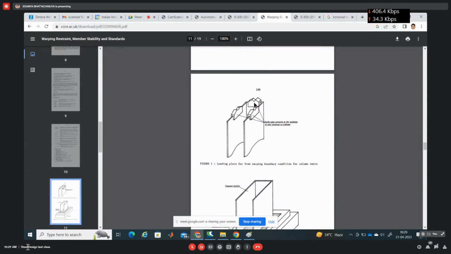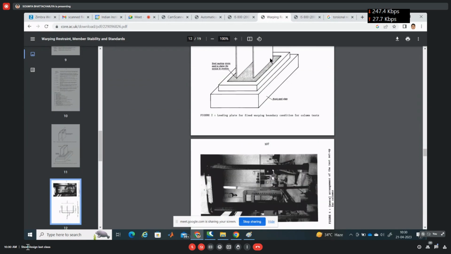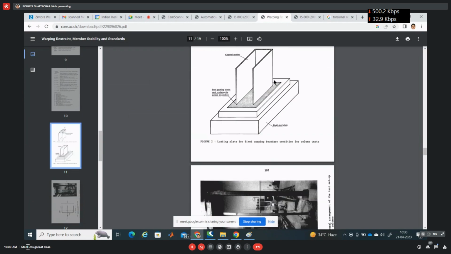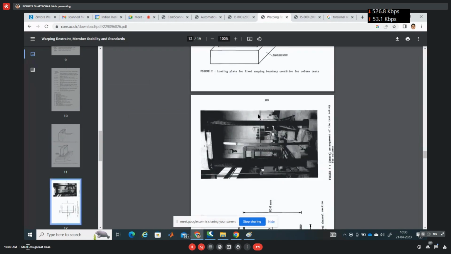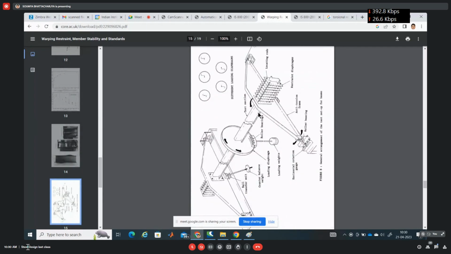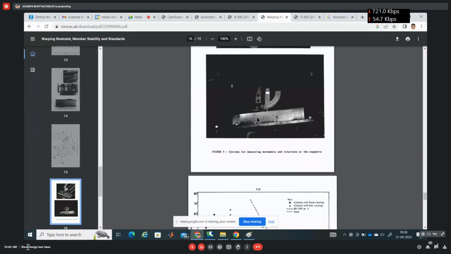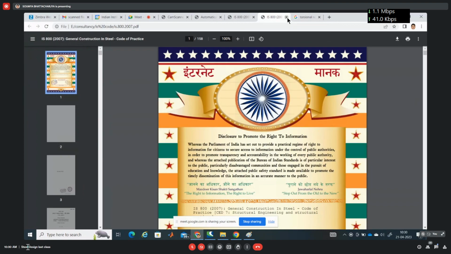Warping restraint can be provided by this type of attachment, which will hold the flange firmly so that it will not be able to twist. Or we can provide it only at the end, with some steel plate which will arrest the movement of the flange. Anyway, you have to arrest the movement of the flange. So it is not quite appropriate to resist the warping throughout its length. That's why we assume that warping restraint is not there.